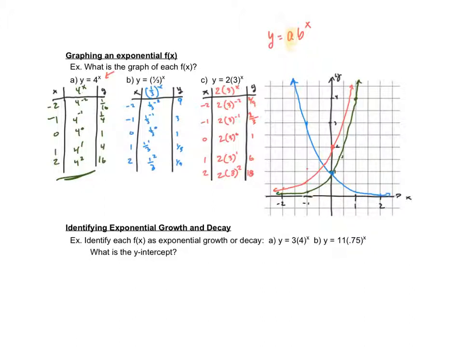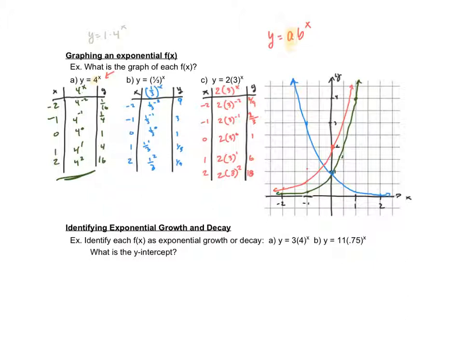Whatever the a value is, that's what my y-intercept turns out to be. Here my a value is actually 1, because we would rewrite that as y equals 1 times 4 to the x power. And look at that, my a is my intercept on the y-axis.